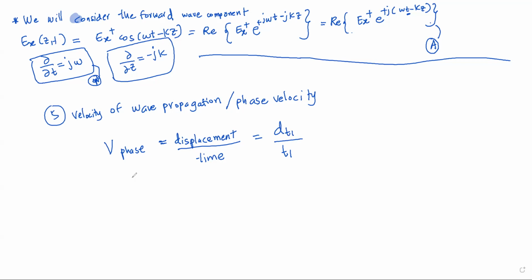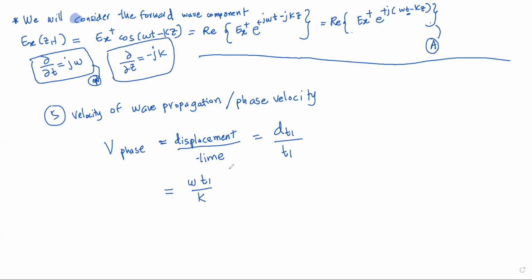Once we use the parameters that we already know, we can find the displacement by taking the multiplication of the angular frequency by the time duration of t1 and dividing by the wave number, which is k.